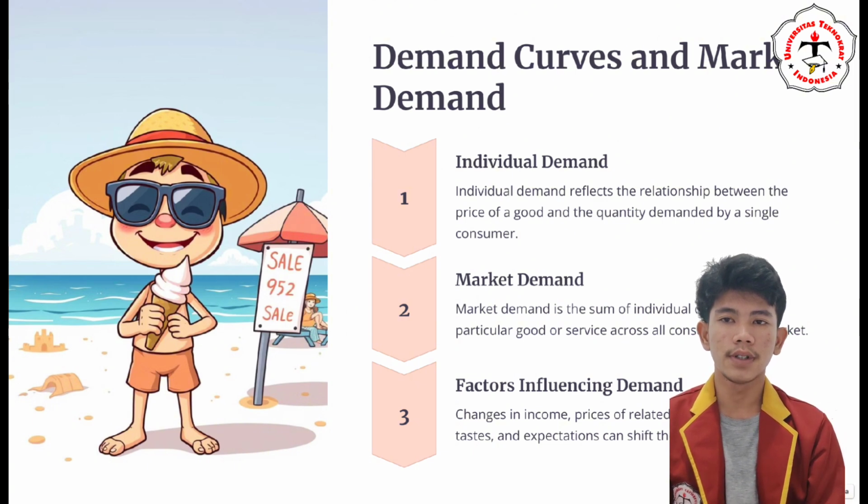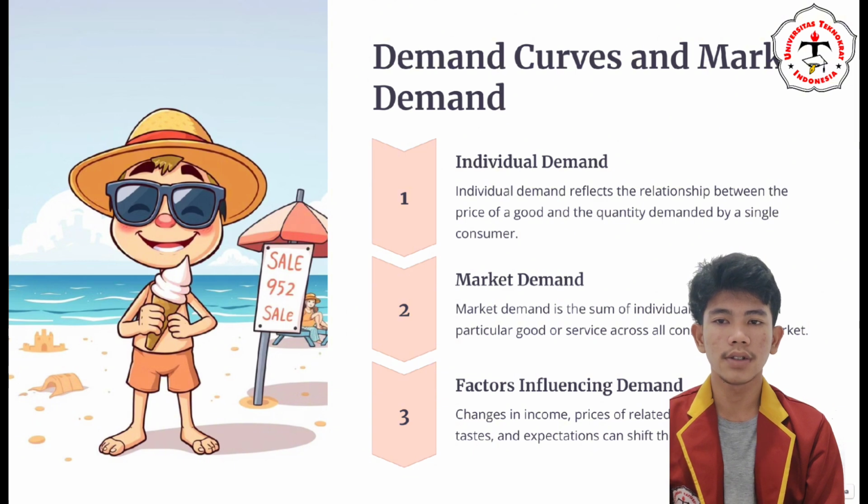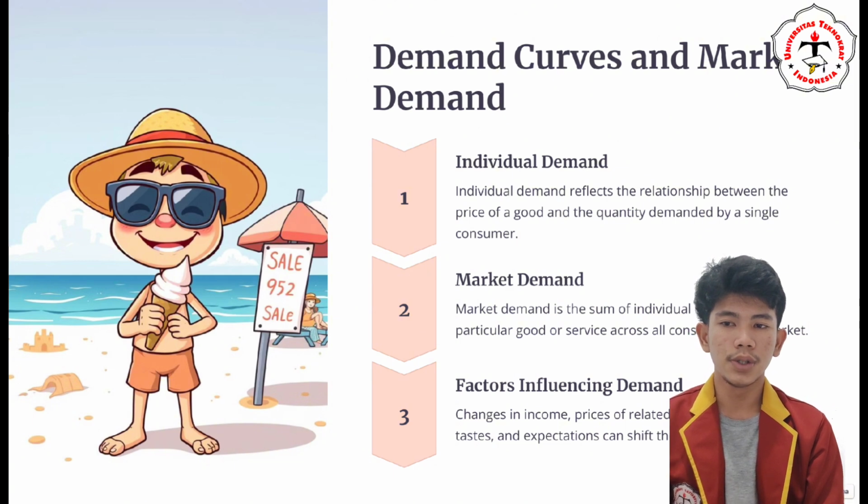Demand curves and market demand. 1. Individual demand. Individual demand reflects the relationship between the price of a good and the quantity demanded by a single consumer. 2. Market demand.